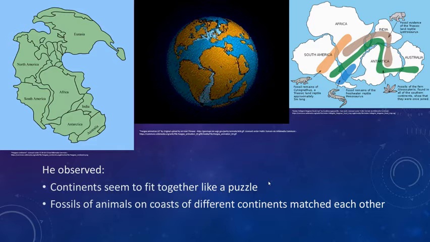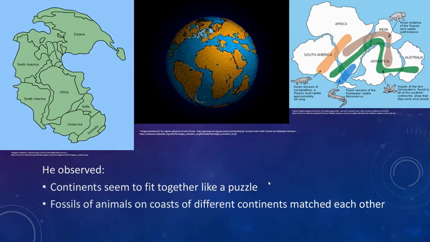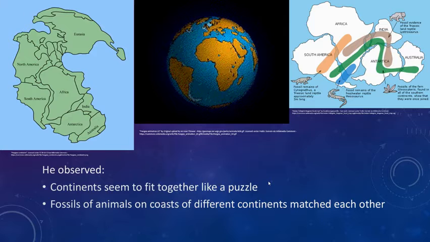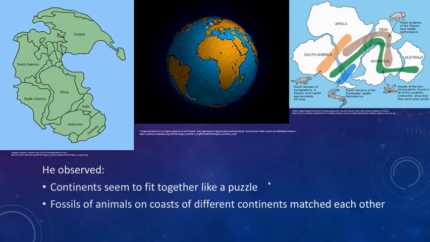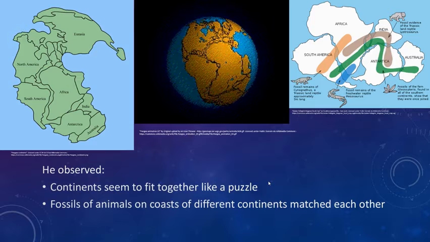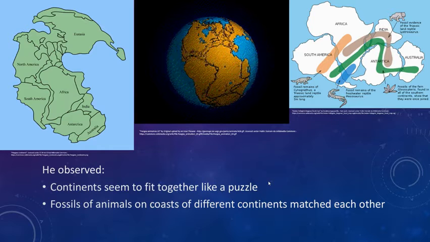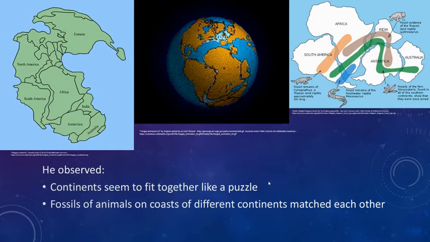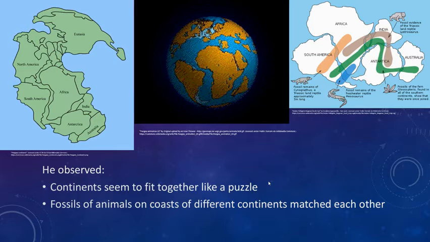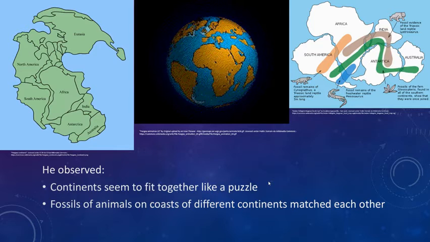Fossils of the land reptile Lystrosaurus were found in Africa and India and Antarctica. These animals could have only been in all these places if they were connected, because in this case, they were land creatures. Even plants, same kind of issue. So these were his observations.